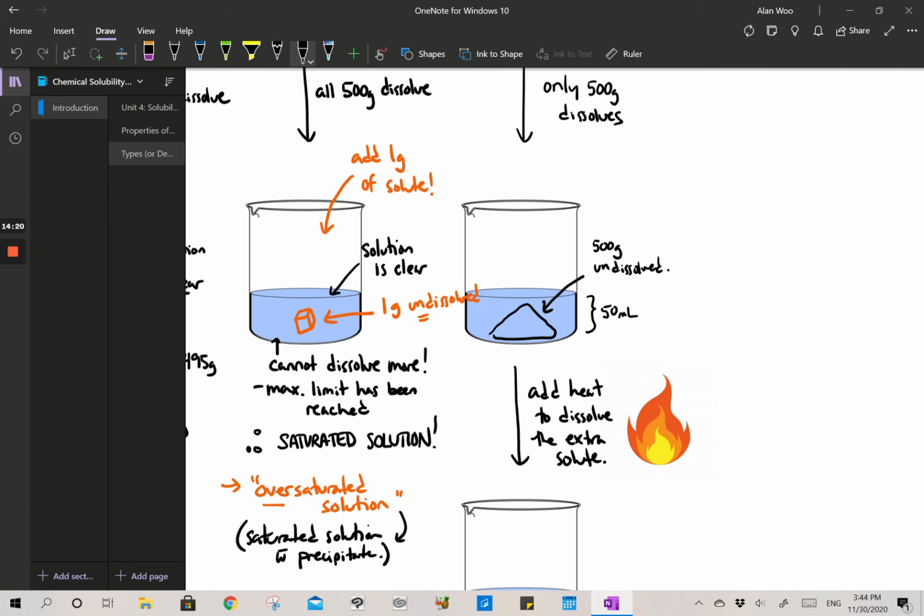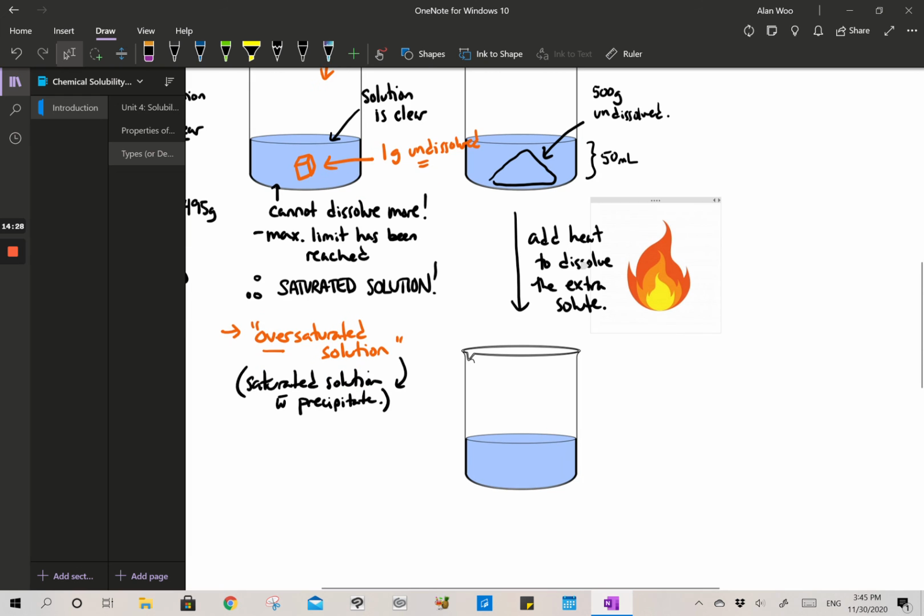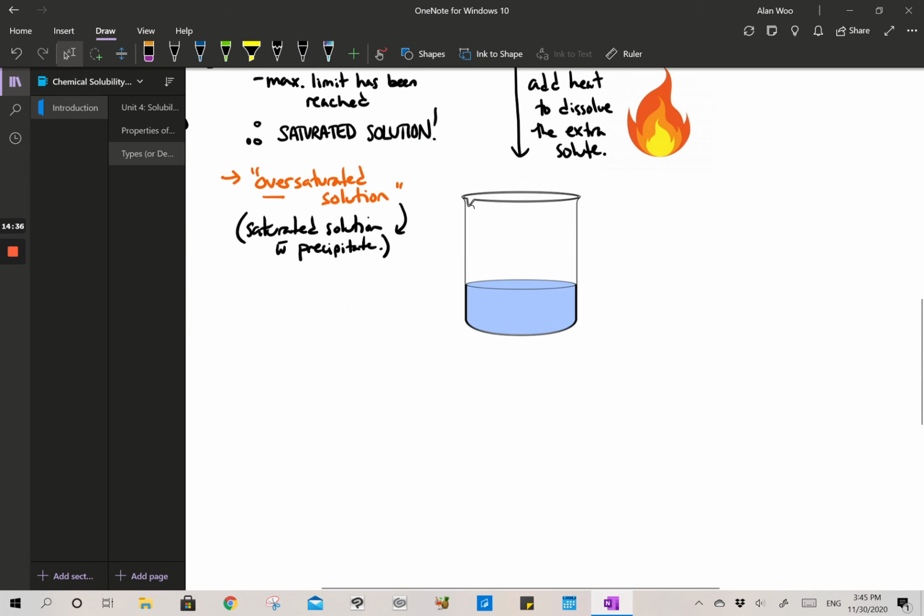So obviously, if we're adding heat here, we cannot maintain that constant temperature of 20 degrees, at least not right now. But because we're adding heat, the funny thing that happens is all 1,000 grams dissolve.